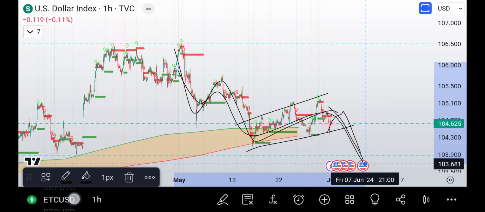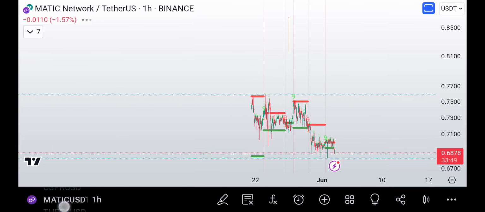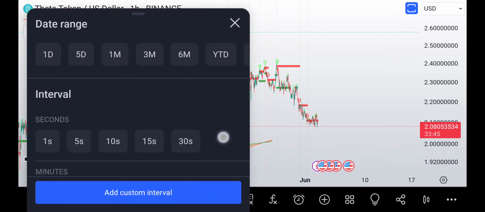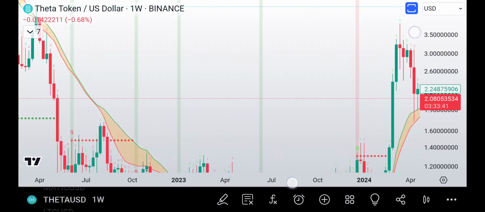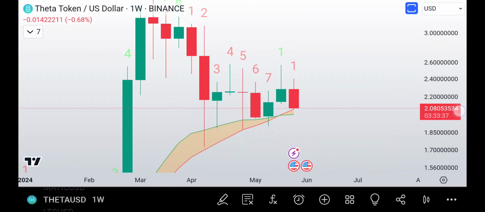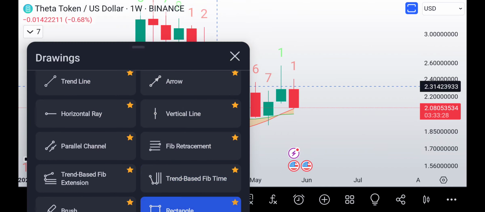So speaking of Theta, let's get to Theta here. The price of Theta, like I said, we're retesting the bull market support band right here. So we're in a very, very interesting spot, and this is kind of make it or break it.